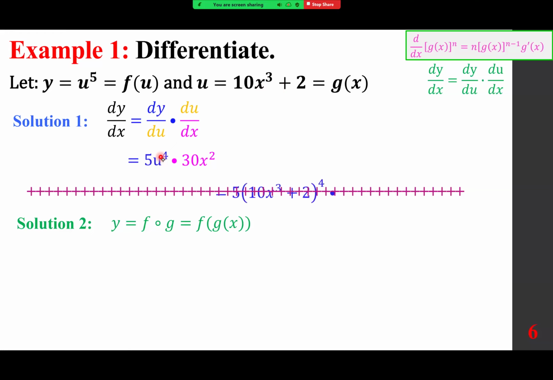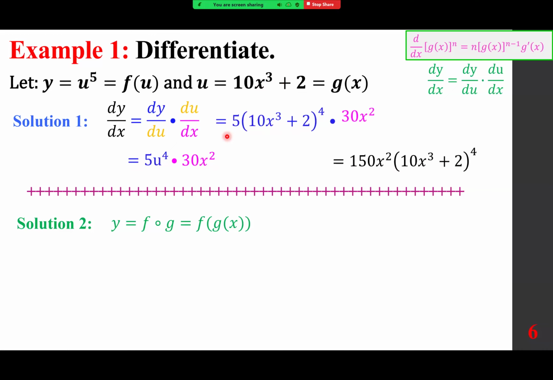So we're going to have 5 times 10x cubed plus 2 to the power of 4 times 30x squared, putting these two together, and in the front, we get 150x squared times 10x cubed plus 2 to the power of 4.